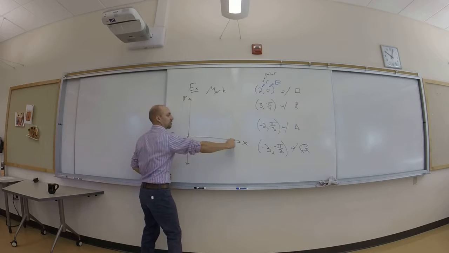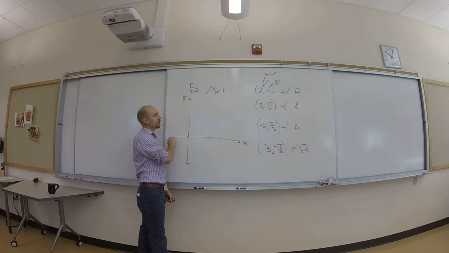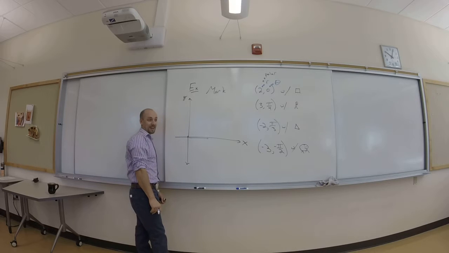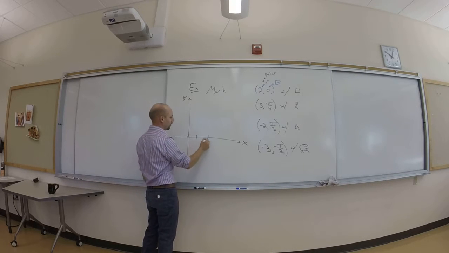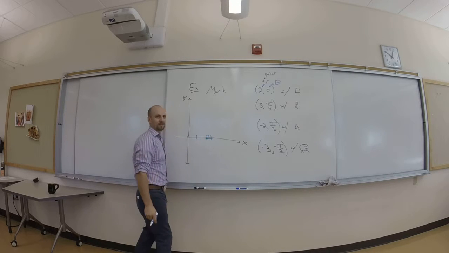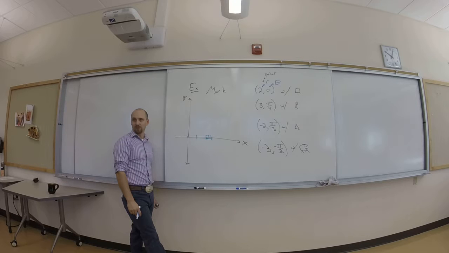Along the x-axis. So I need to go to distance 2. Angle 0 looks like that, and I need to go 2 out on that. So I go 1, 2, and I need to put a box. Cool?